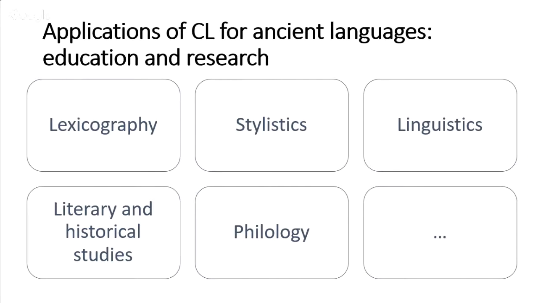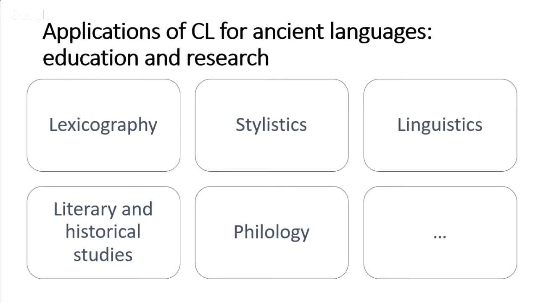by developing these tools. And of course, any other field that relies on historical text can benefit from computational linguistics. So if we want to study any change of concept over time, for example, we want to analyze the text, and having access to automatic ways to analyze the text is really important.